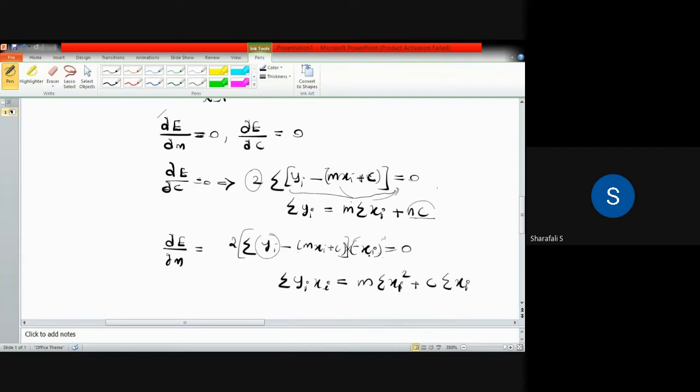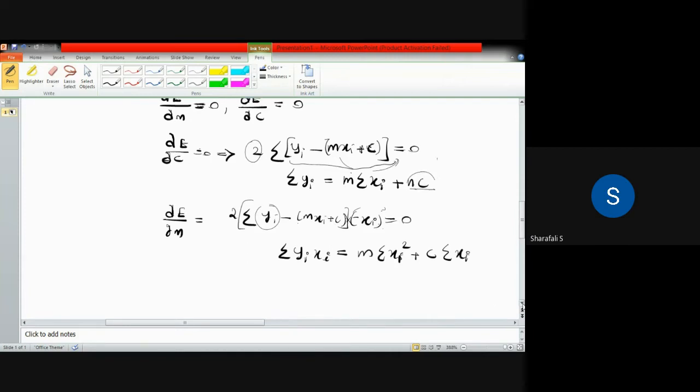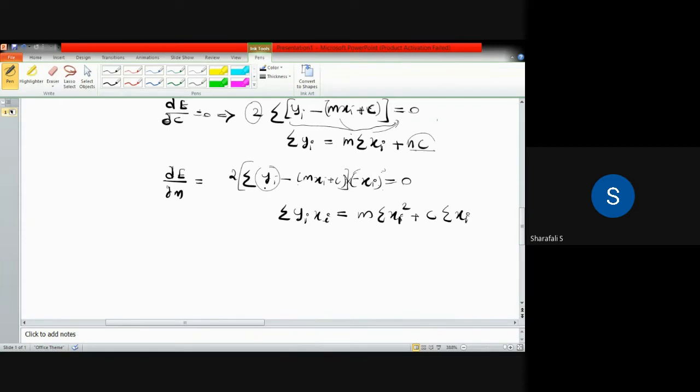So this is the term. These are the two terms that we can get from these two equations. Here we have sigma yi xi. Here we have a minus that we have to multiply with this, so this term will become minus on the other side also, because we are multiplying this minus with this minus, so that will become positive.